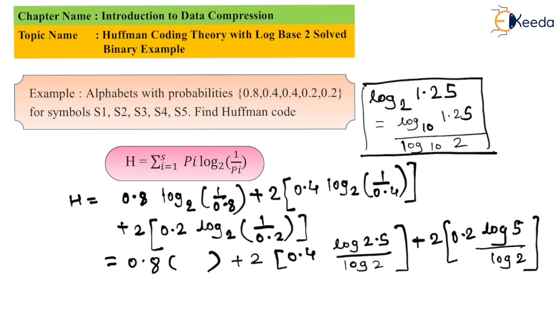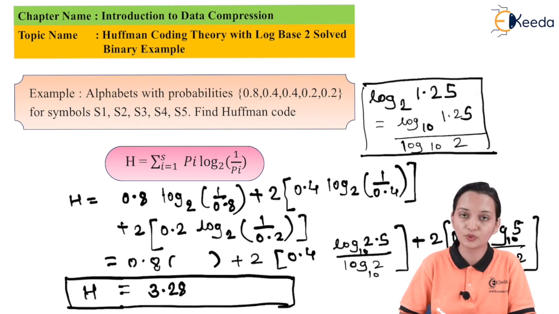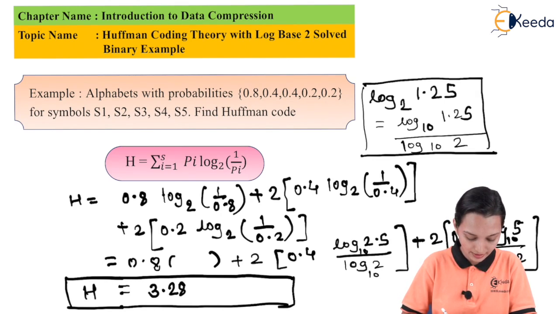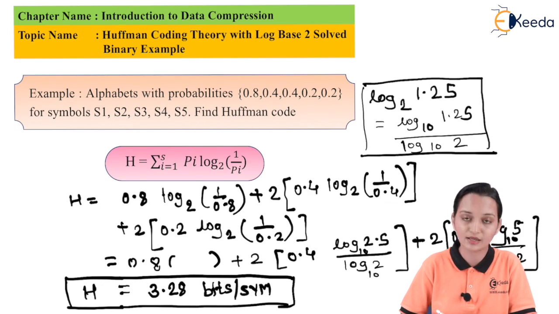Keep in mind this log 2.5 has base 10, so all logs have base 10. Why? Because our calculator is familiar with base 10 log. In this way you can calculate the answer, and the final answer for the entropy is 3.28. You can verify this answer, and its unit is bits per symbol.